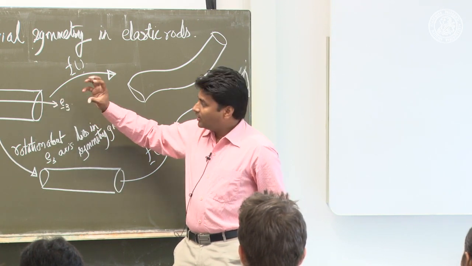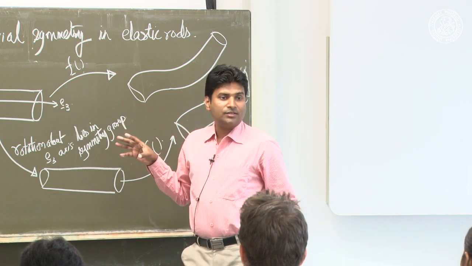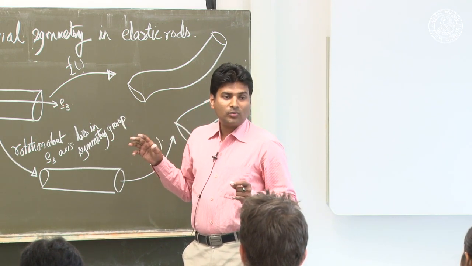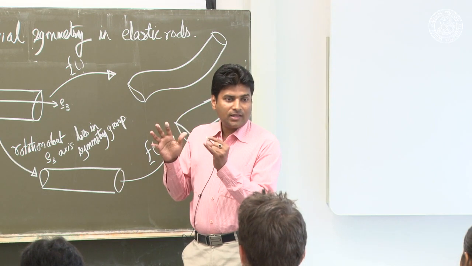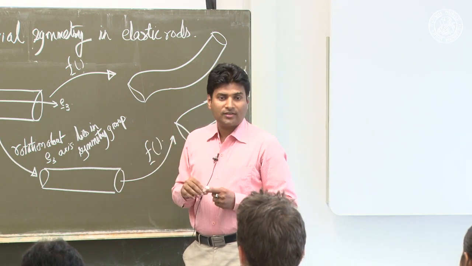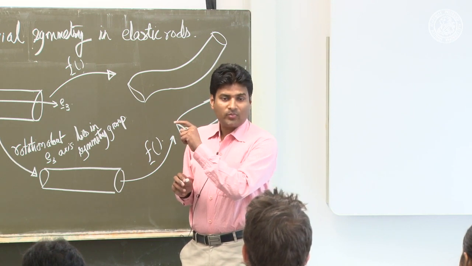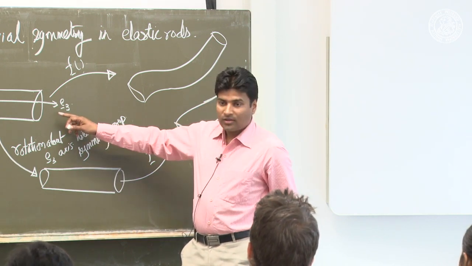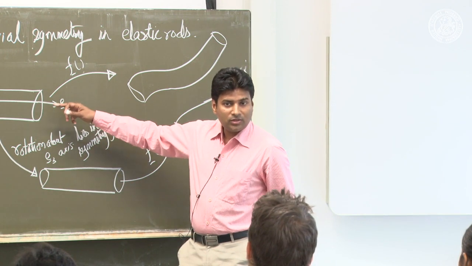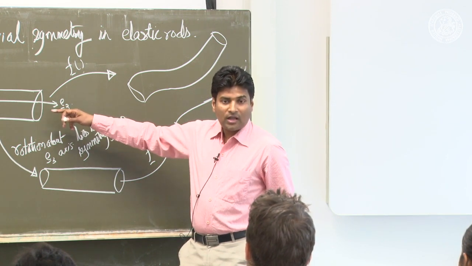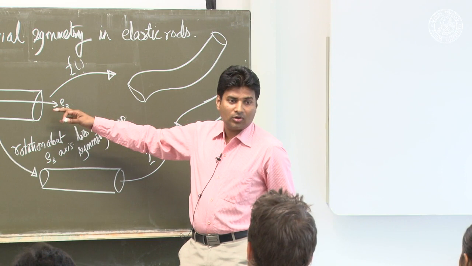So you see, in 3D elasticity, the symmetry group does not depend on geometry, because there we talk about local symmetry of the body, but here the symmetry also depends on the geometry of the rod as well as on the material of the rod.